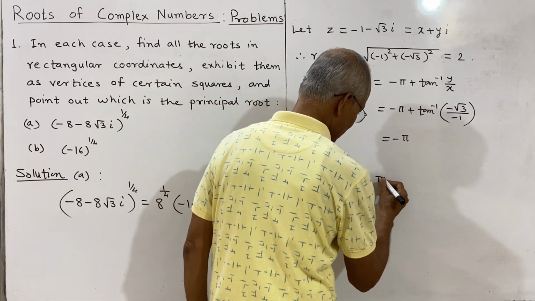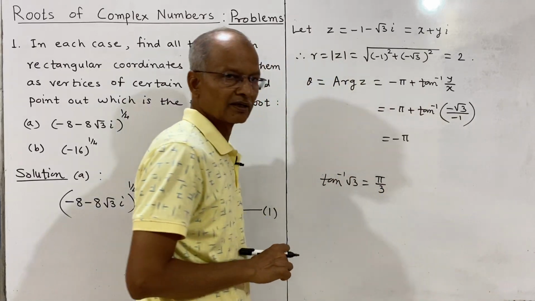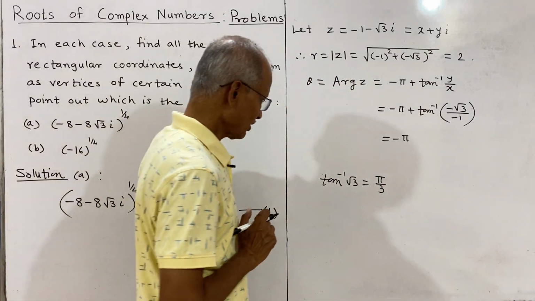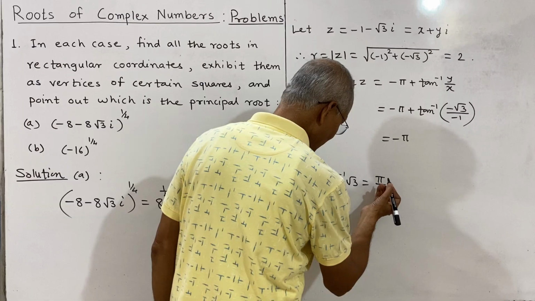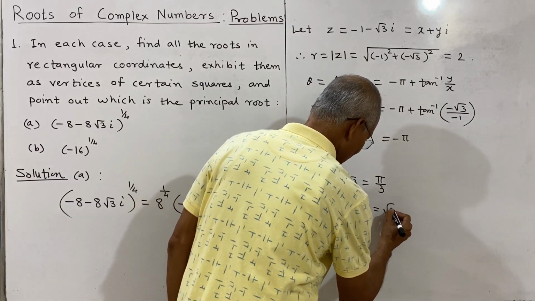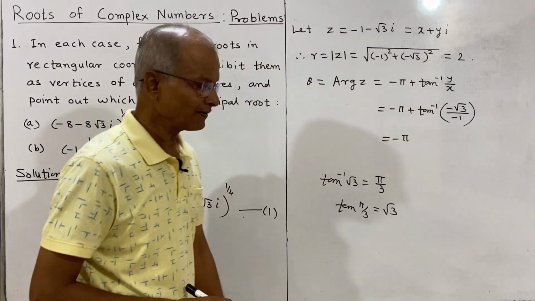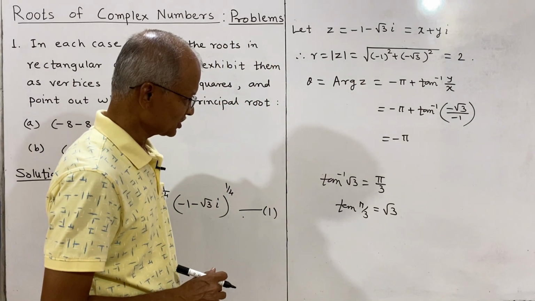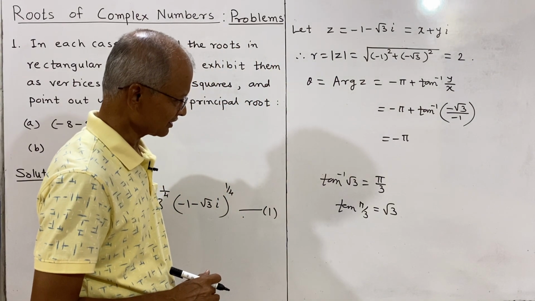So this is −π + tan⁻¹(√3). Now tan⁻¹(√3) is π/3, because 60 degrees is π/3, and tan(π/3) is equal to √3, that is sin 60 divided by cos 60.